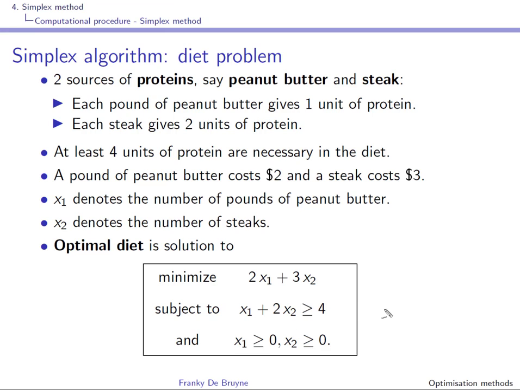So this one will become x1 plus 2x2 minus x3 is equal to 4, and what we'll have to add is x3 positive or 0. If you subtract something positive over here, you can ensure an equality constraint, and this is what we do over here.